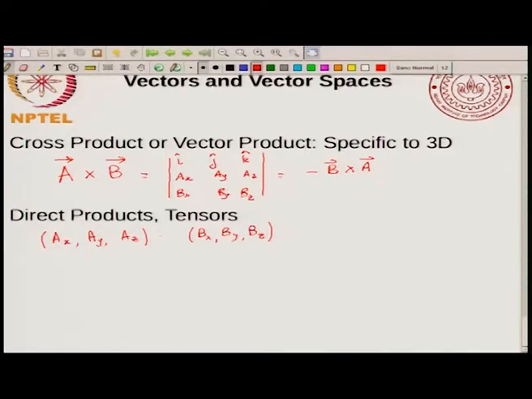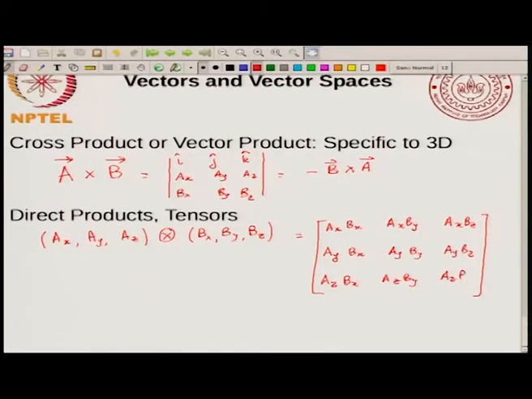But you can define other products. So, I will just write the direct product. Again, there are many ways of defining direct products. One common way is to write Ax Bx, Ax By, Ax Bz, and then Ay Bx, Ay By, Ay Bz, and Az Bx, Az By, Az Bz.